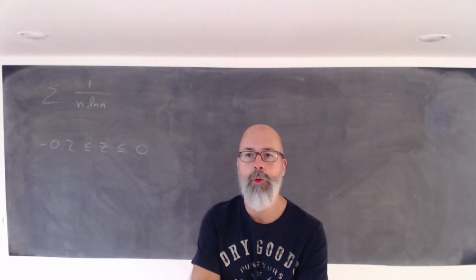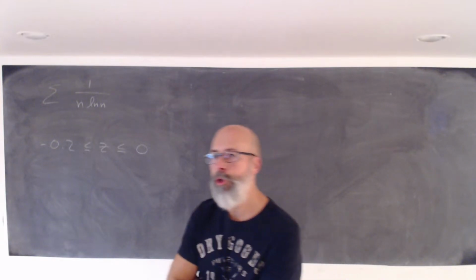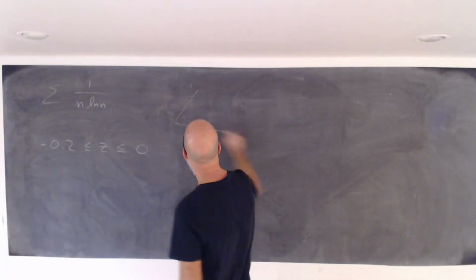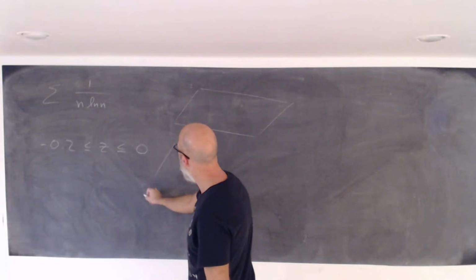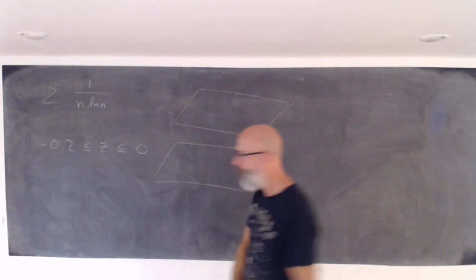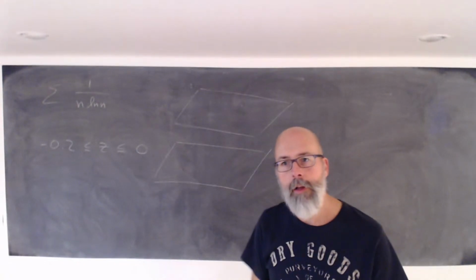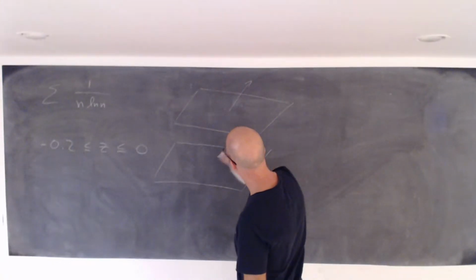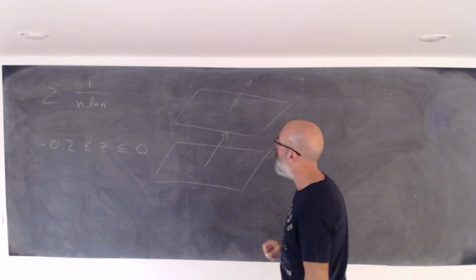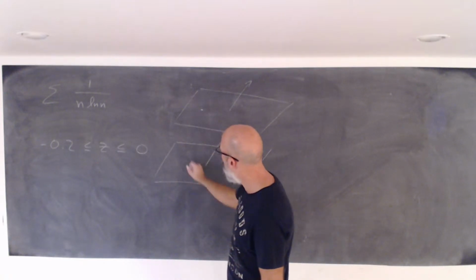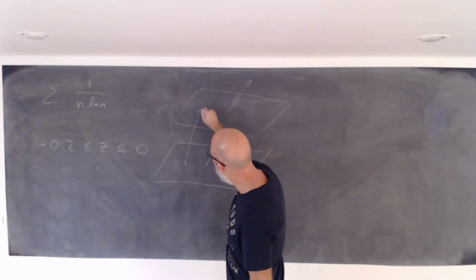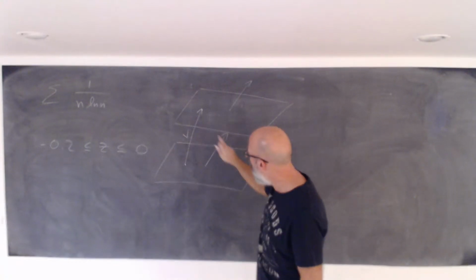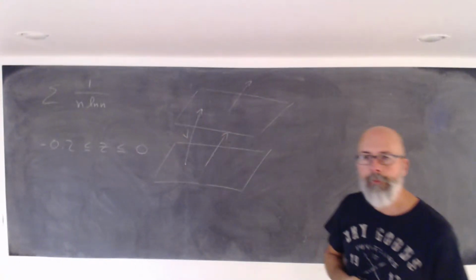How do you find distances between two planes? Well, you should know that from 133. If you have two planes, first of all, the two planes better be parallel. If your two planes are not parallel, then they intersect and the distance is 0. So if the two planes are parallel, meaning that they have the same normal vector, you're going to take a point on one plane, a point on the other, and look at the vector joining these two, and then you're going to project that onto the normal.